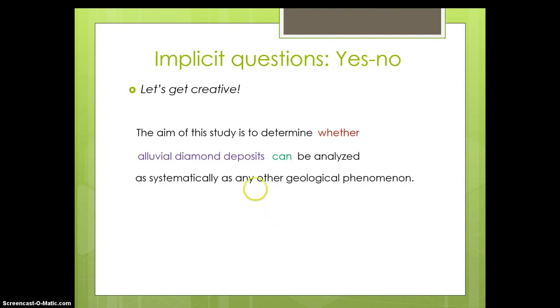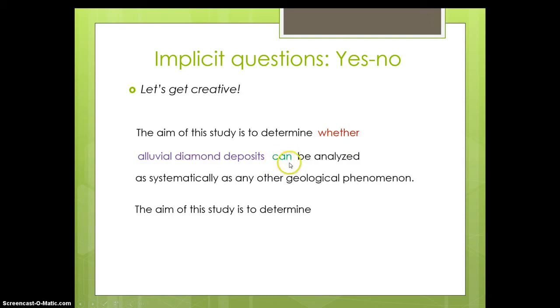Okay, how about some yes-no questions? We're back to being creative here. The aim of this study is to determine whether alluvial diamond deposits can be analyzed as systematically as any other geological phenomenon. All right, well, what to do here? The aim of this study is to determine whether, that means yes or no. Can they or can they not.